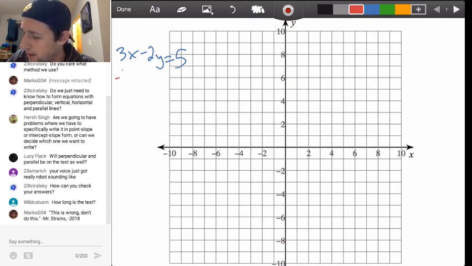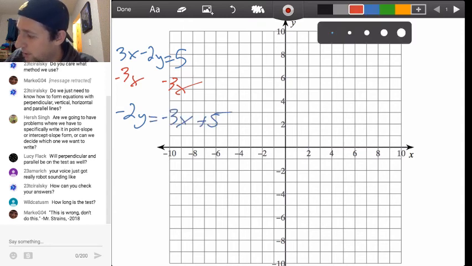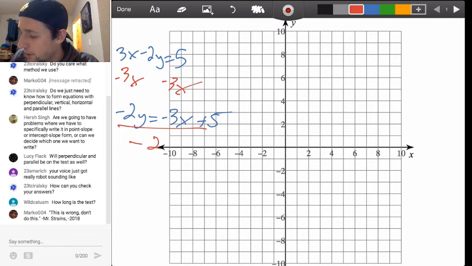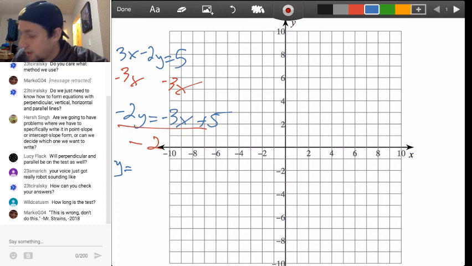Okay, so subtract 3x, and you get negative 2y equals negative 3x plus 5, and then you divide everything by negative 2. And look, you're finding out now the reason why you probably didn't want to convert it to slope-intercept form in the first place, because it's going to be hard to make an accurate graph out of 3/2 x minus 5/2.